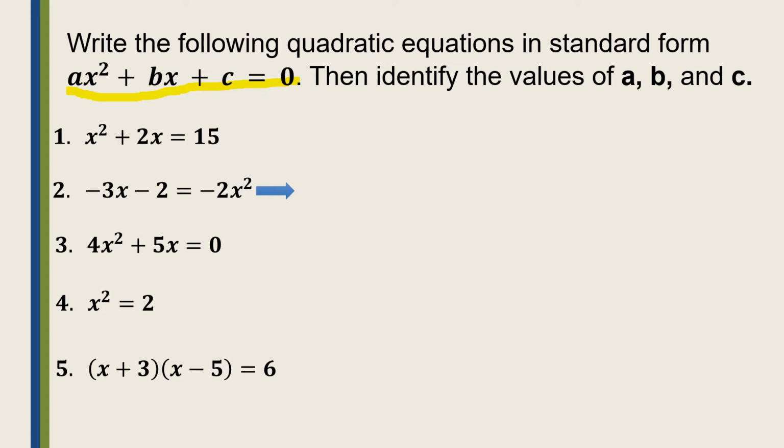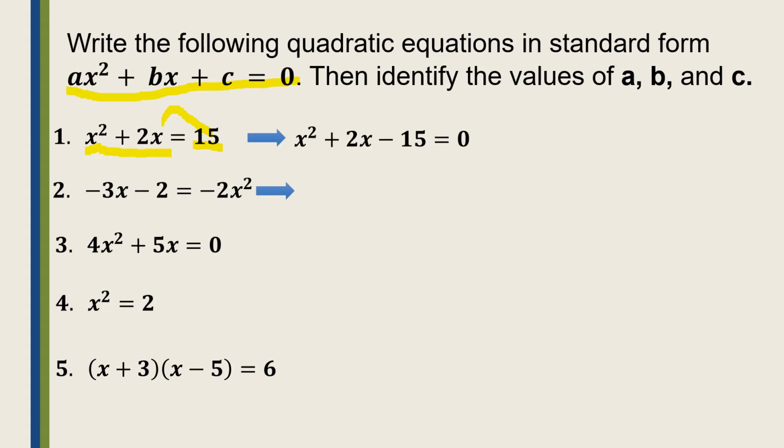Isa-isahin natin. So, ax squared, yung quadratic term, dapat nasa unahan, followed by the linear term. Tama naman. Kaso, yung constant natin, nasa right side. Ililipat natin sa left side at i-equate sa 0.